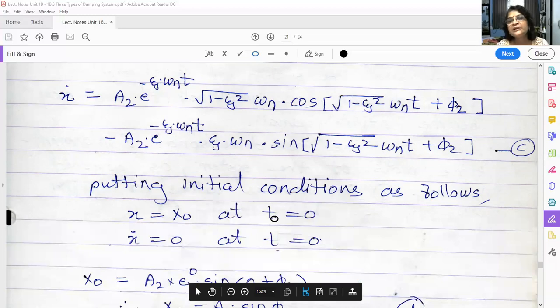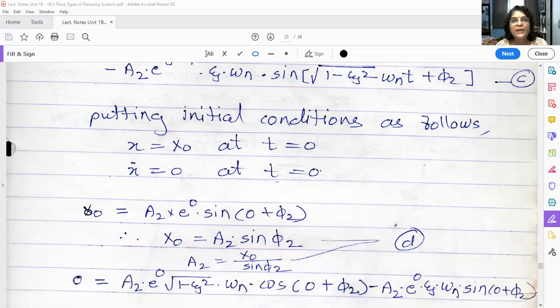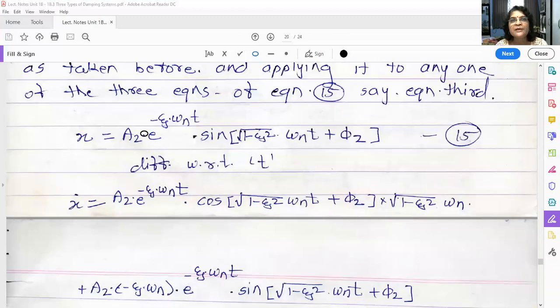The first initial condition is at t is equal to 0, x is equal to capital X0. So put x is equal to X0 and t is equal to 0 into this equation. When you put t is equal to 0, it will become e raised to 0.